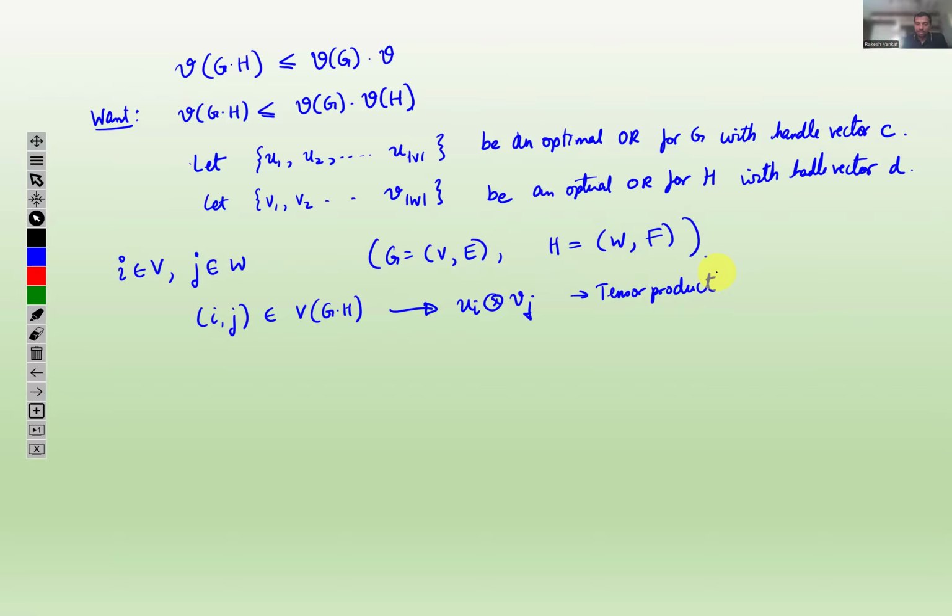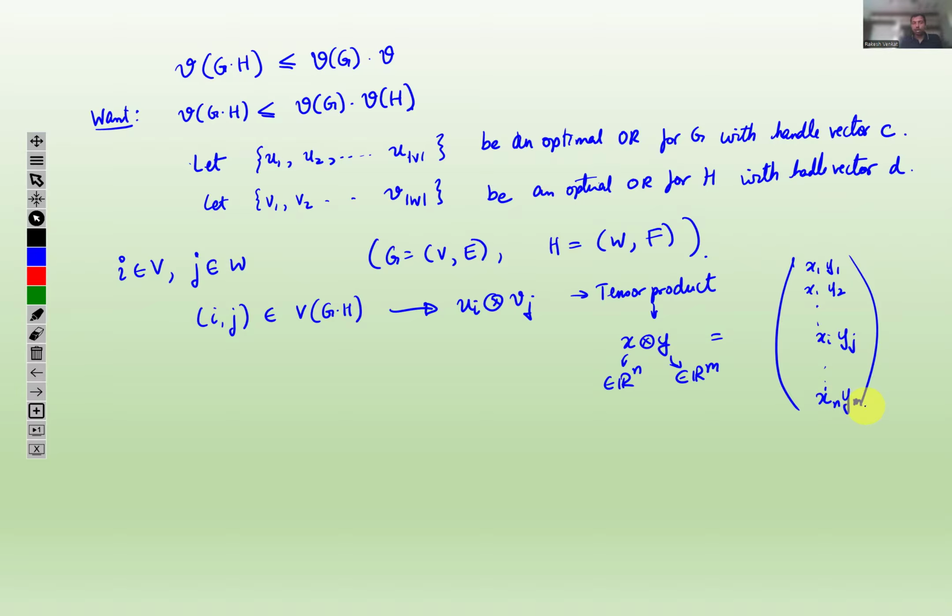At least for finite dimensional spaces, the tensor product of x and y, where x is in R^n and y is in R^m, is defined as just x1y1, x1y2, and so on, x_i y_j, all the way until x_n y_m. So all pairs ij appear over there, and this is in R^(mn).